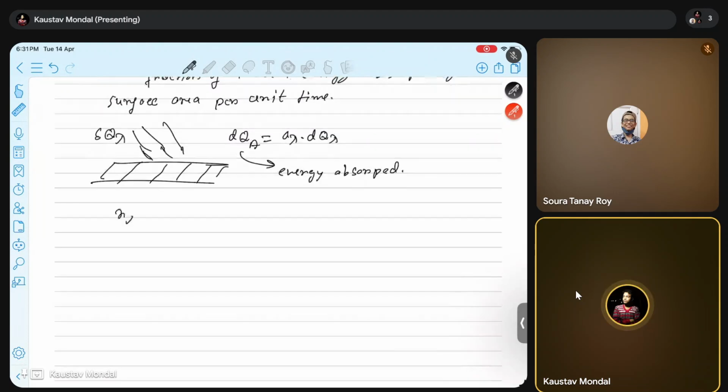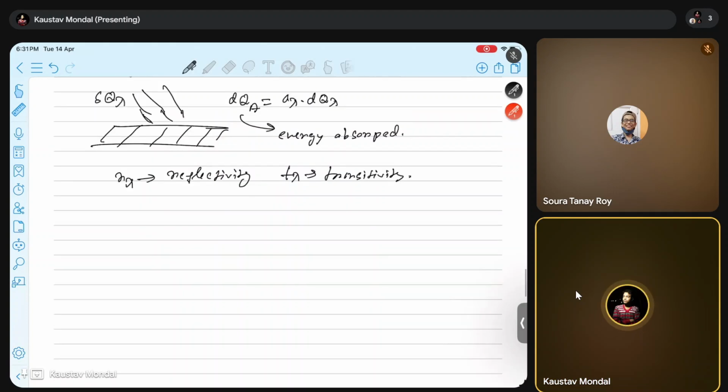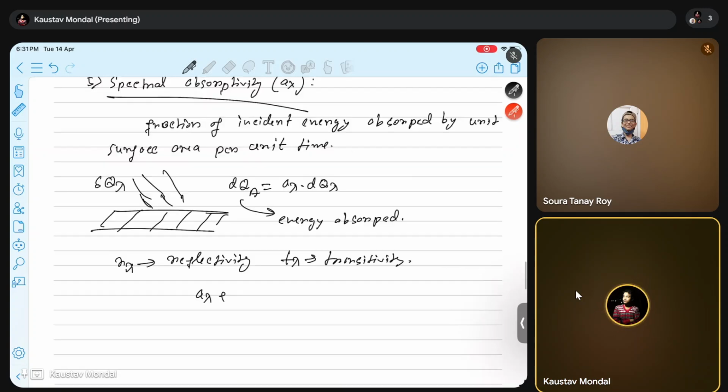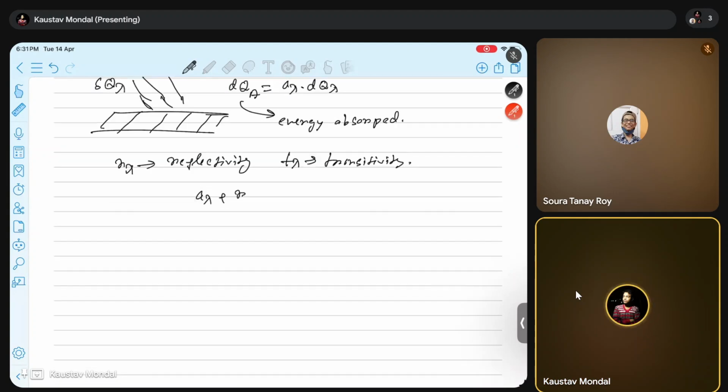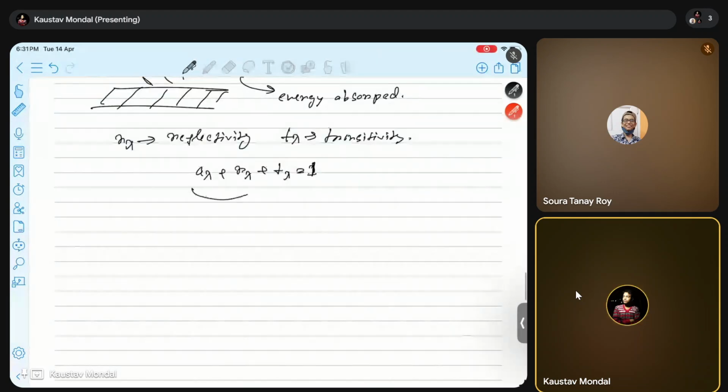One is R lambda, known as the reflectivity, and T lambda, the transmissivity. Together with A lambda, all of these are dimensionless quantities. If you add all of these, A lambda, R lambda and T lambda, this gives you 1.